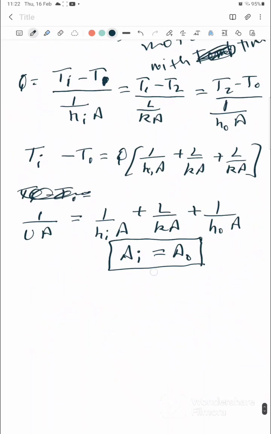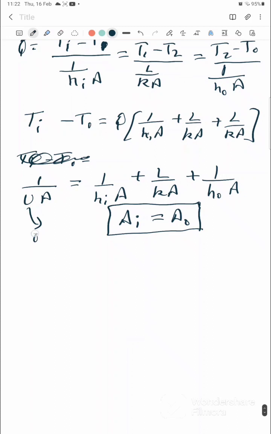Okay, this is overall heat transfer coefficient.